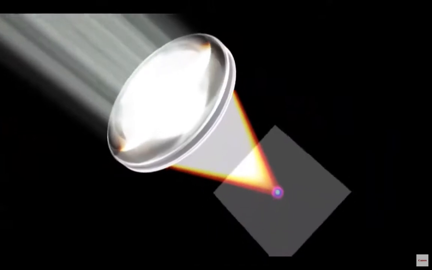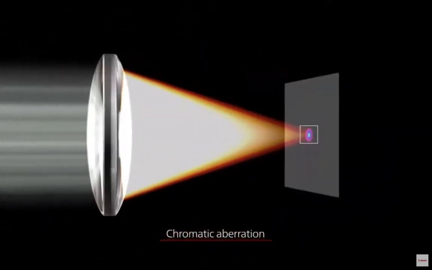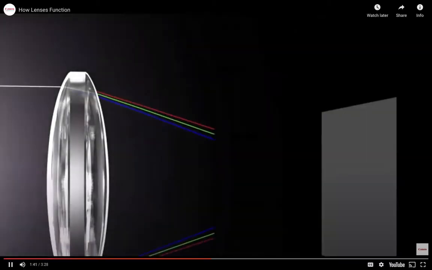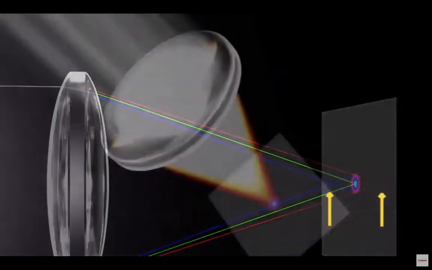In addition, color fringing may occur. This is called chromatic aberration. When light passes through a convex lens, the focal point for red light, which has a long wavelength, is farther away from the lens than the focal point for blue light, which has a short wavelength. This causes colors to shift. As a result, colors appear to bleed.